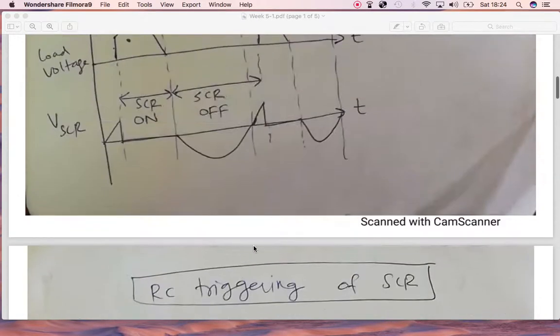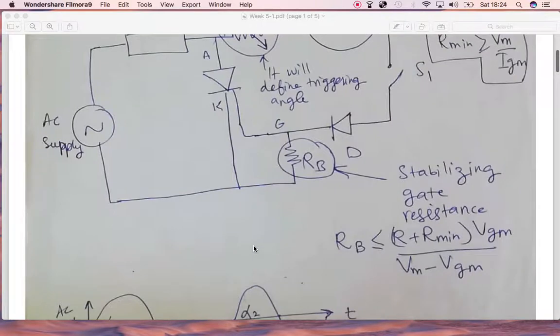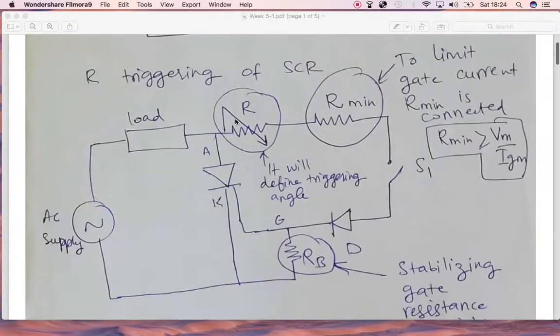Here I have to tell you one thing: the resistance R is very important, because the greater the value of this resistance, the lesser will be the current passing through, the later it will be turning on the SCR, and the firing angle will be increased.